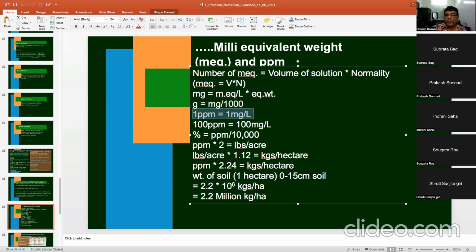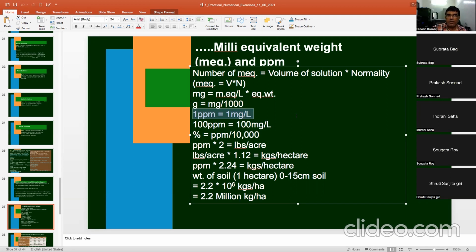And you already know how much is 1 ppm. 1 ppm: if a substance is there, say 1 milligram in a liter of solution, then it is 1 ppm. If it is 100 ppm, that means 100 milligram of the substance in 1 liter solution. So percentage is equal to ppm divided by 10,000.